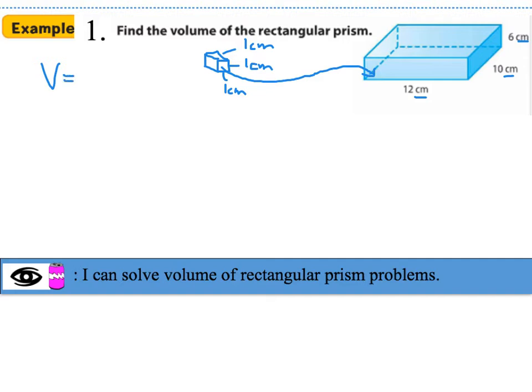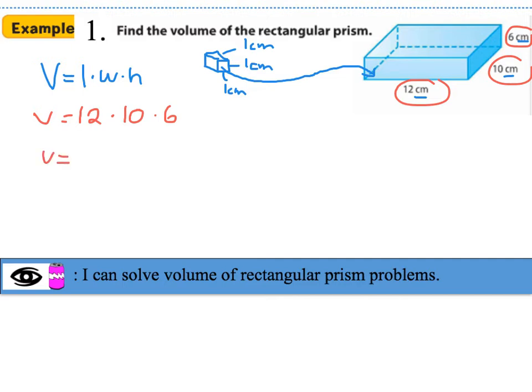Volume is equal to length times the width times the height. So my length is 12 centimeters, the width is 10 centimeters, and the height would be 6 centimeters. So let's go ahead and multiply. 12 times 10 is 120. Let's multiply that by 6.